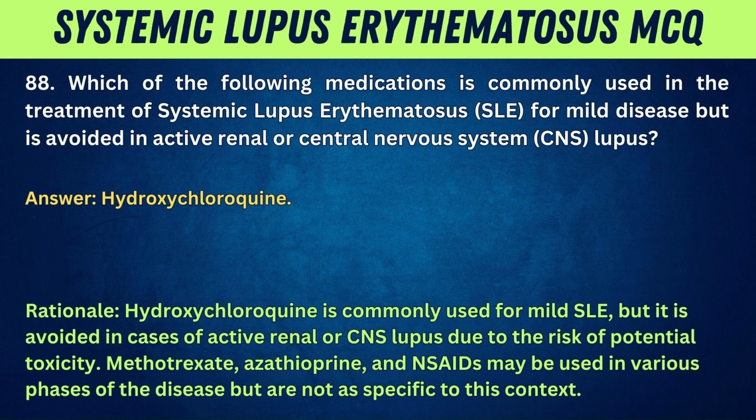Answer: hydroxychloroquine. Rationale: hydroxychloroquine is commonly used for mild SLE, but it is avoided in cases of active renal or CNS lupus due to the risk of potential toxicity. Methotrexate, azathioprine, and NSAIDs may be used in various phases of the disease, but are not as specific to this context.